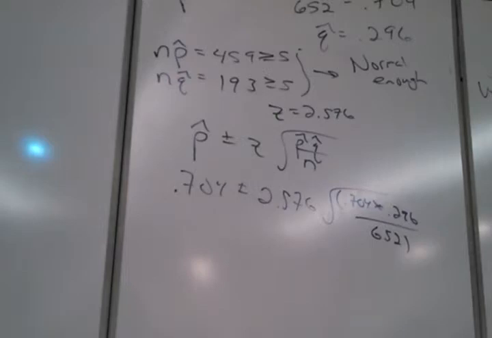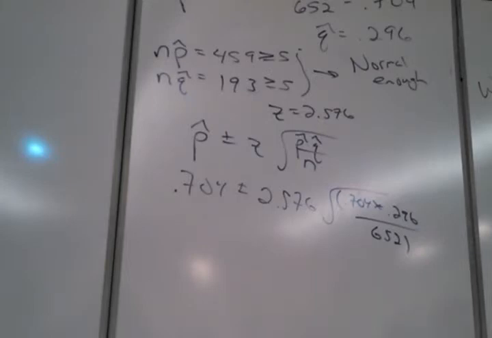So let's see, what do you calculate first? 2.576. If you have one of the old calculators that doesn't grow the square root symbol, do not close your parentheses until you're done with everything that's supposed to be in it.